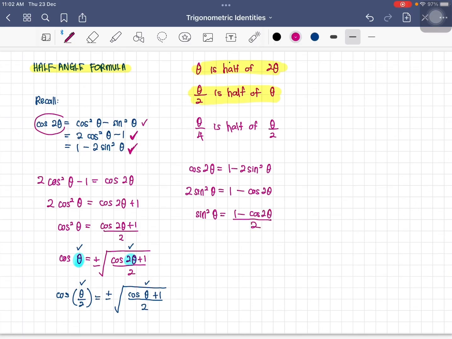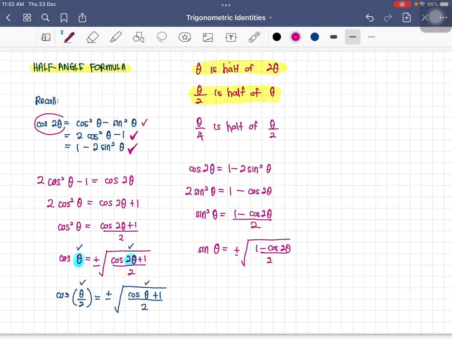divided by 2. And please, there's no such thing as cancelling 2 like this. No, there's no such thing. Please remember. Right now, I'm gonna make it as a sine theta. Therefore, I'm gonna have a plus minus square root of this right side now, over 2.